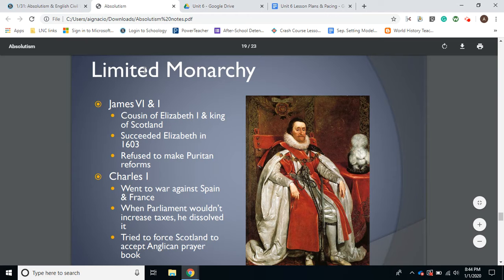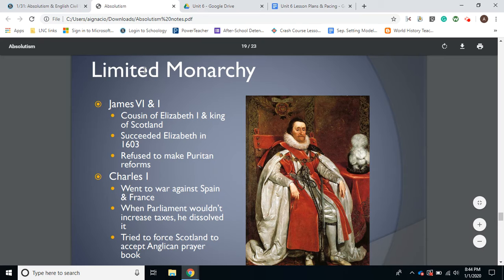James was actually a monarch in Scotland. So she named him her heir because they are cousins, related by blood. Therefore, when she names James her heir to the throne, that unites England and Scotland under one crown.